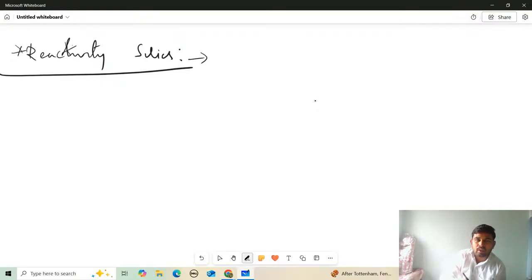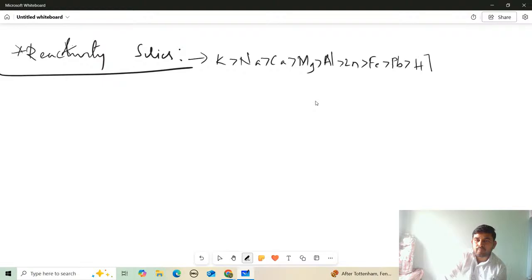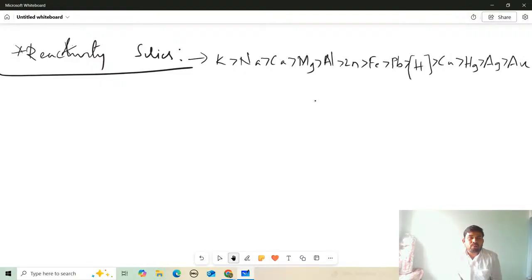First we have potassium, which is more reactive than sodium, more reactive than calcium, magnesium. After that we have aluminum, then zinc, then iron, then lead, then hydrogen, and then copper, mercury, silver, and gold.